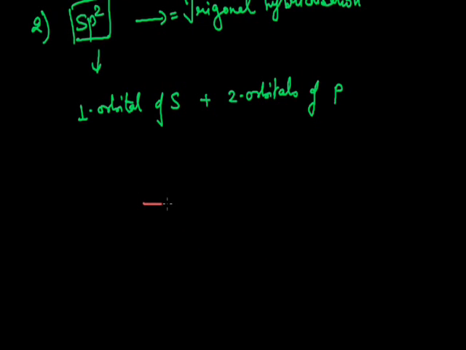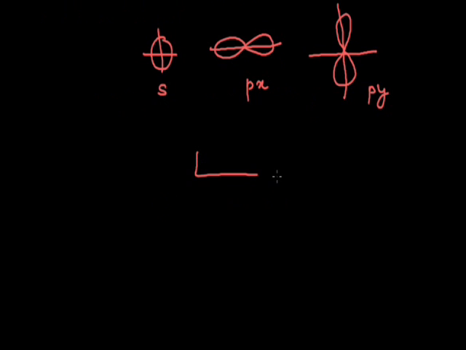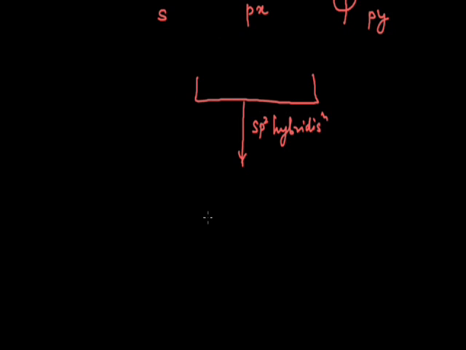This structure is like this: s, Px and say Py are combining, resulting in the formation of sp2 hybridized orbitals, where the lobes lie at an angle of 120 degrees to each other.